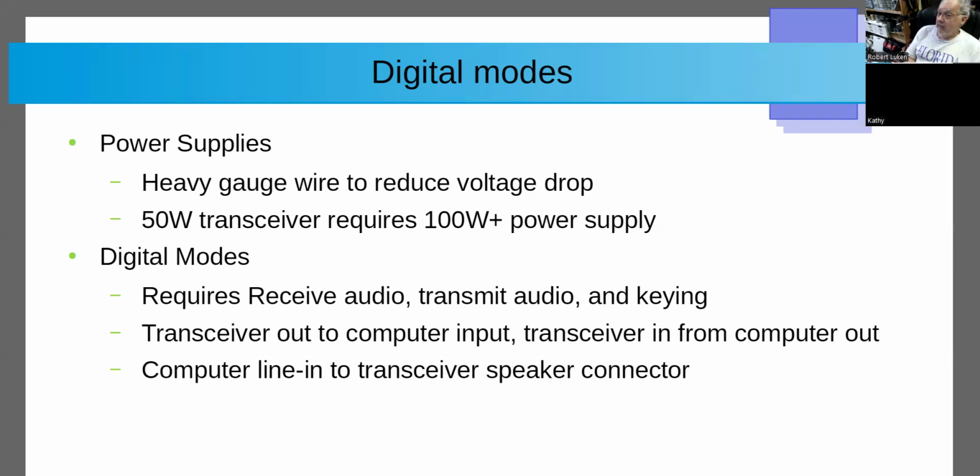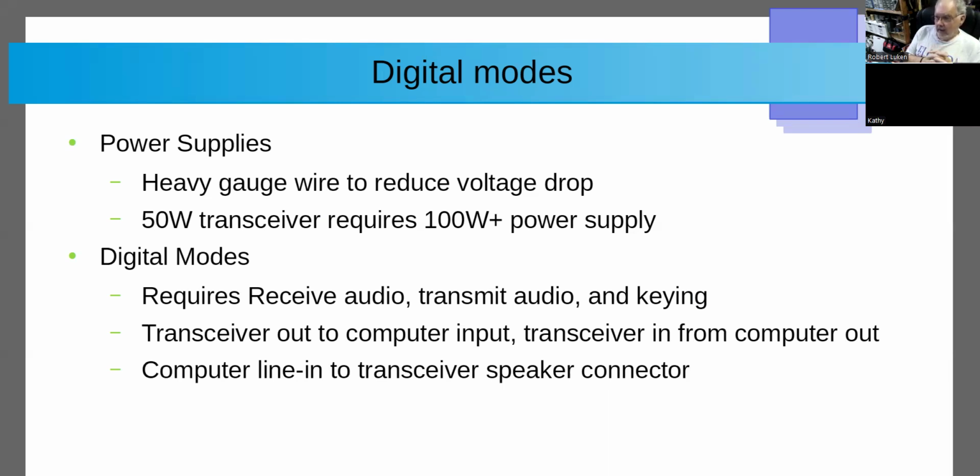In order to do any of the digital modes, you need to be able to connect your computer up to your radio. So you're going to have a connection between the receive audio and the transmit audio on the radio and your keying input back to your computer.